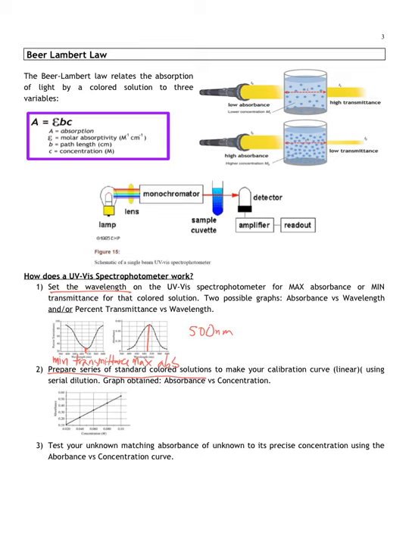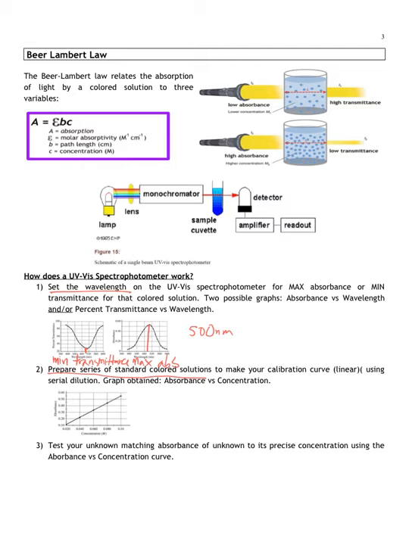If it was clear, then it would transmit everything. There wouldn't be different levels of absorbance. So you're going to make a series of what are called standard color solutions, and that will create what is called a calibration curve. And you use serial dilution to do that.